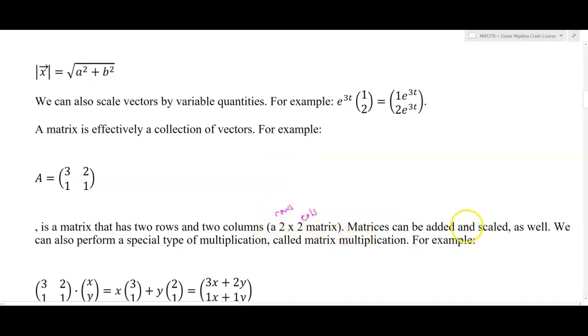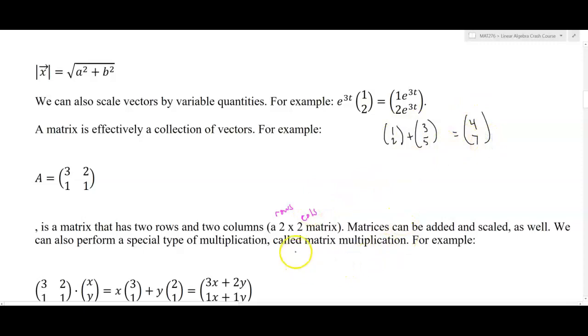So matrices can be added and scaled as well. Whenever you add 2 vectors, if I took 1, 2 plus 3, 5, I would just add their components. They would have to be the same size. So this would be 4, 7.